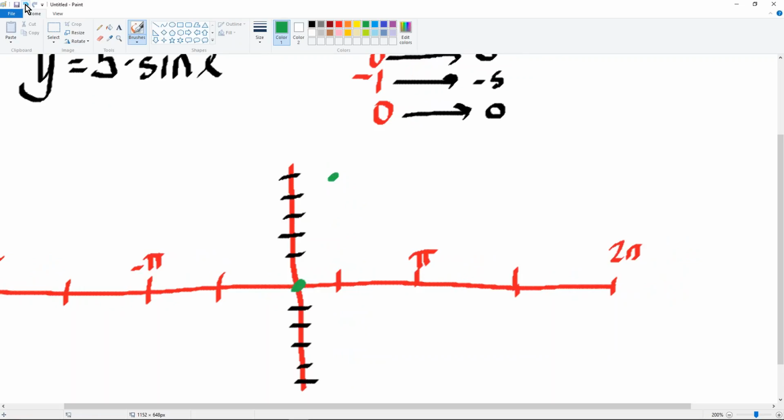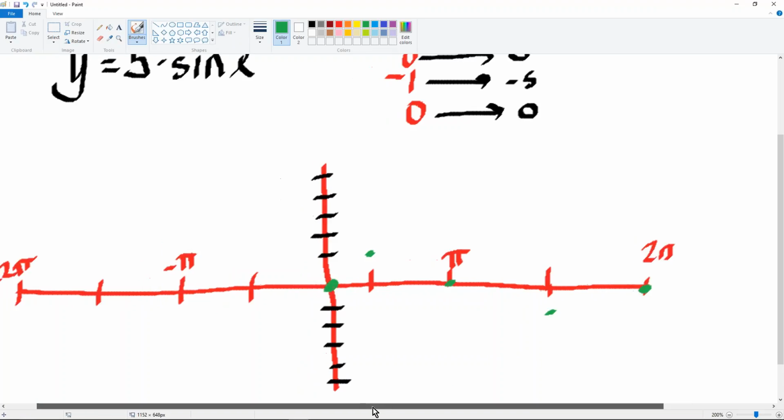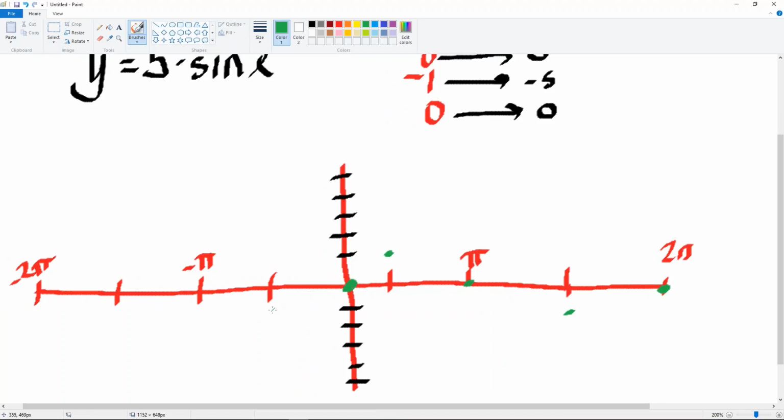You know what? I think I always made y'all start with the parent function, didn't I? Yes. Okay, let's start with the parent function. 0, 1, 0, -1, 0. And I'll go backwards too, going in this direction. So 0, -1, 0, +1, and 0. And I will make my wave.